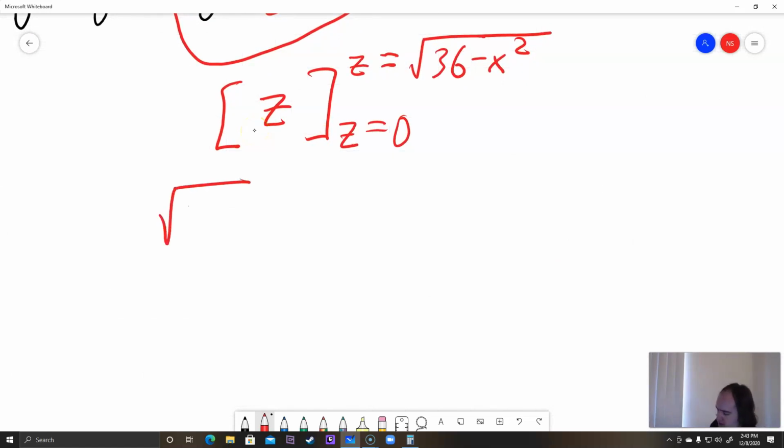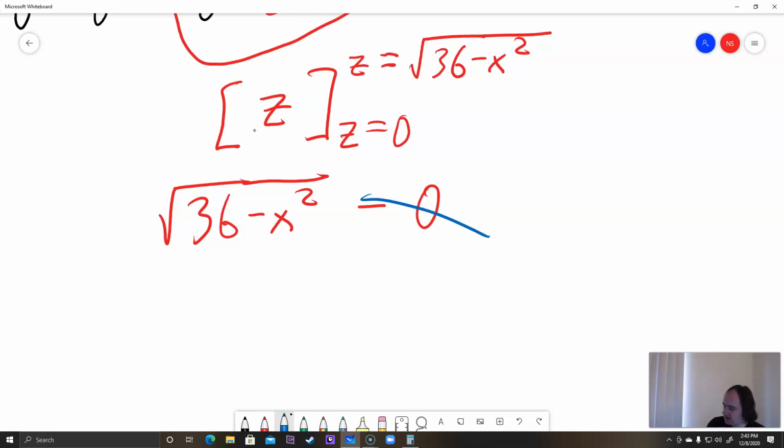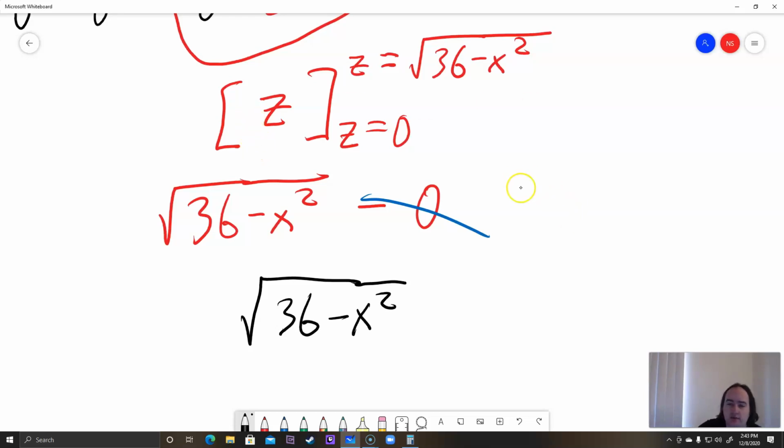So we plug in square root of 36 minus x squared, and then we subtract the bottom number. So we subtract 0. Okay, and then any number minus 0 is just a number, so we don't need this down here. So for our inner integral, we now have the square root of 36 minus x squared. So that finishes our inner integral.